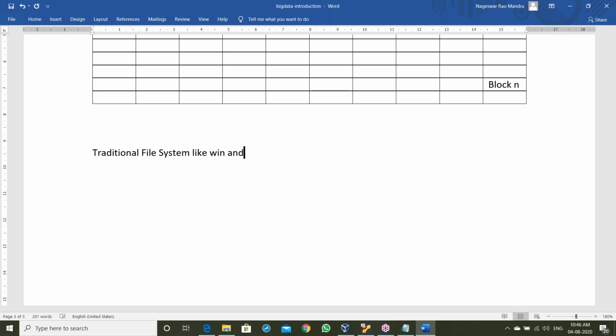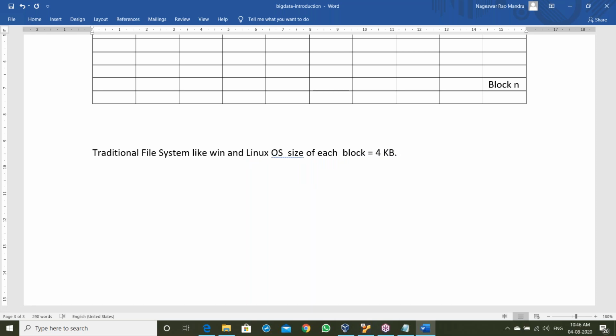Size of each block is only 4 KB in traditional file systems like Windows and Linux.